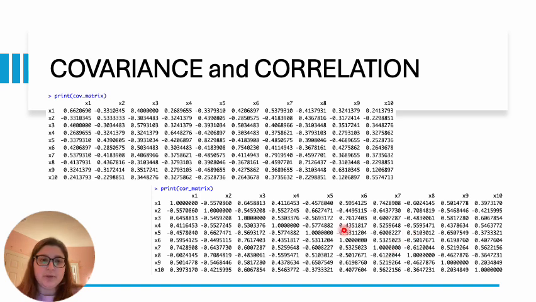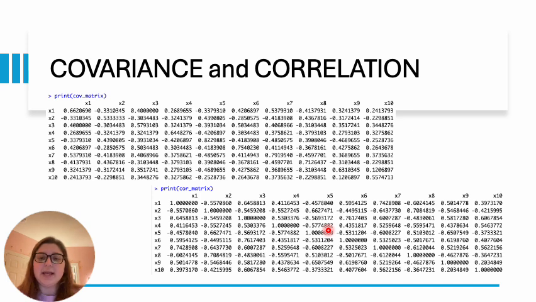For example, if we look at x1 and x3, we have a value of 0.645, and that informs us that there is a moderate to strong positive correlation. So as x1 increases, so does x3.